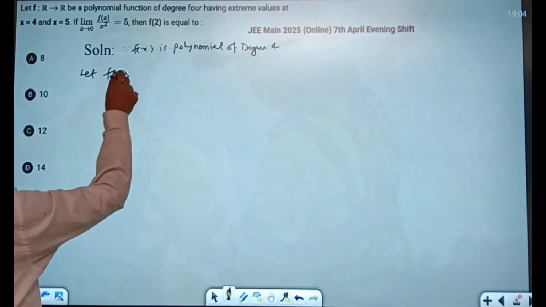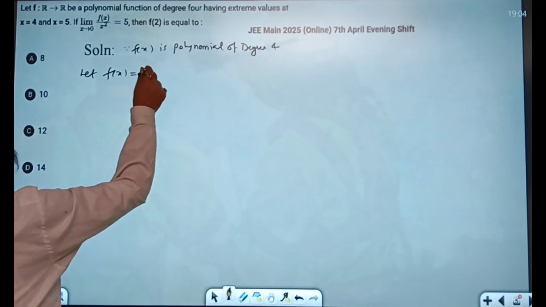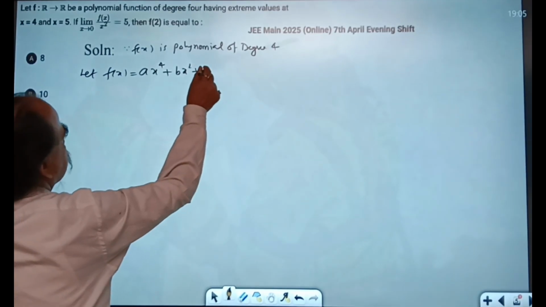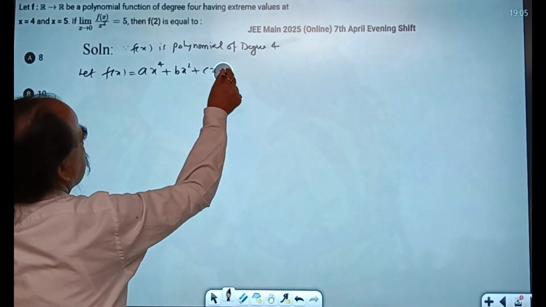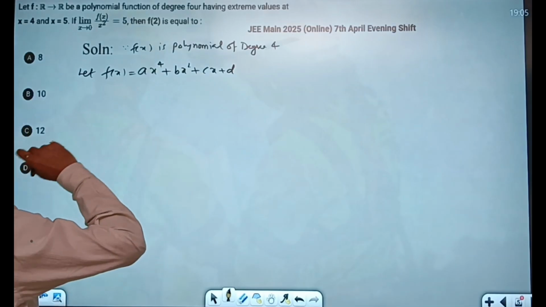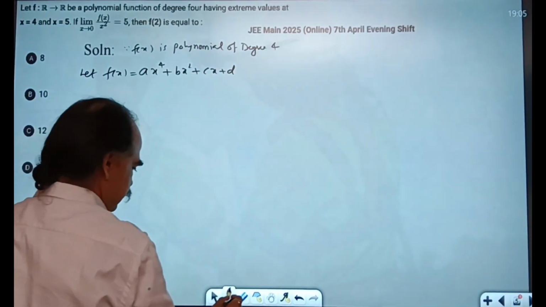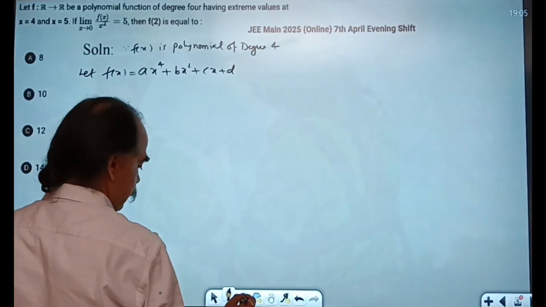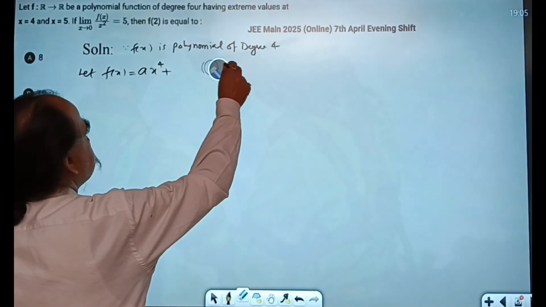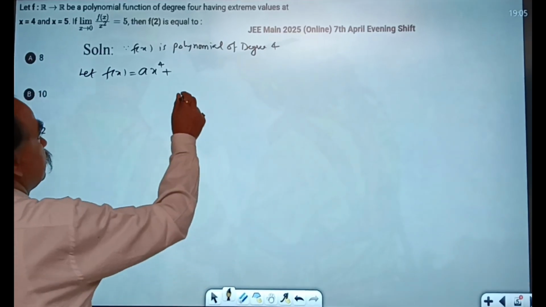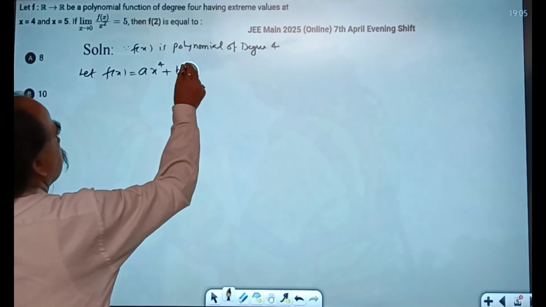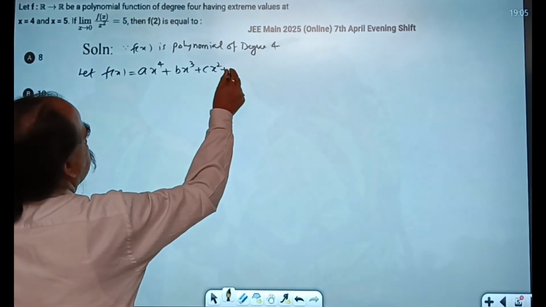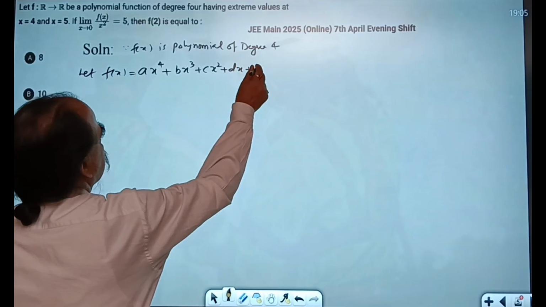let f(x) is equal to ax raised to 4 plus bx cube plus cx square plus dx plus e.